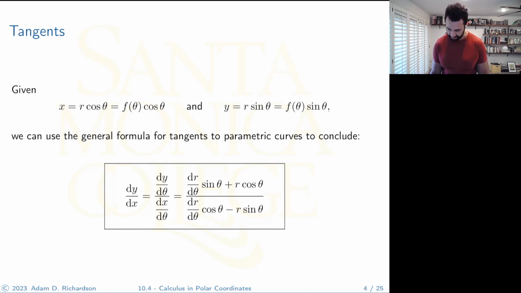There you go. I'm not going to go through the derivation, but you're more than welcome to do so. It's basically the same thing that we saw before, so it's not worth repeating. But if you look back at section 10.1, you'll see how to get this formula.